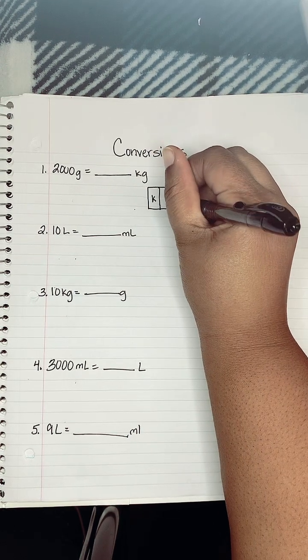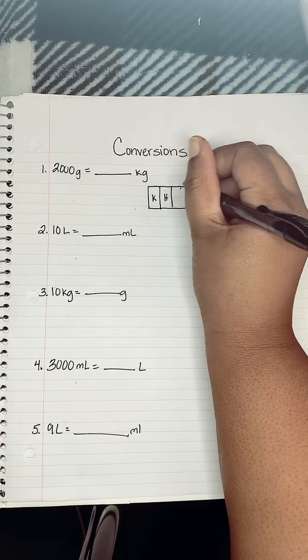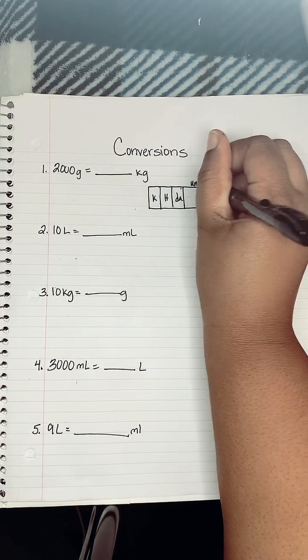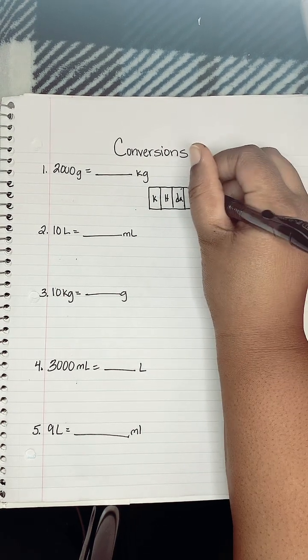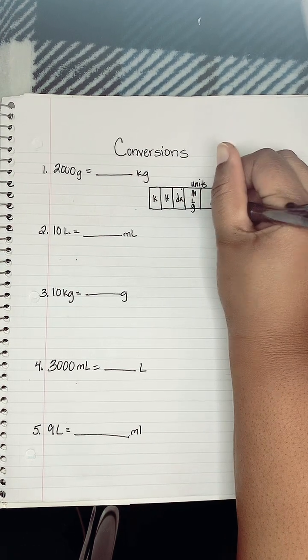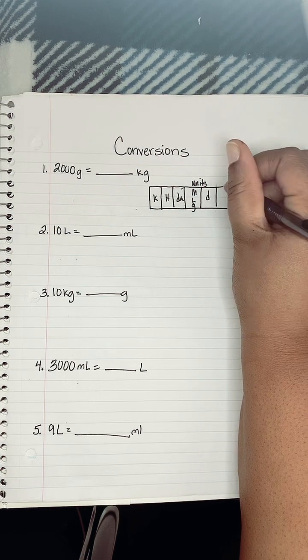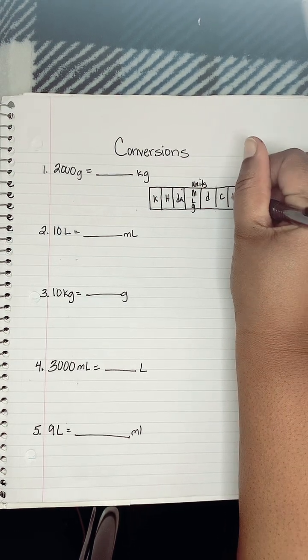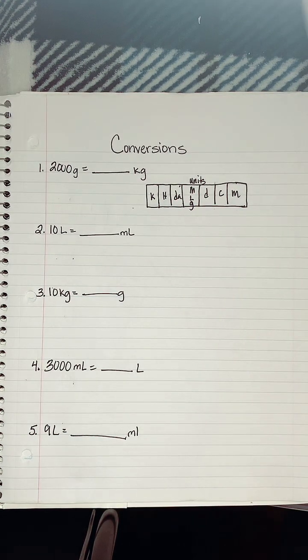So this is kilo, hecto, deca. Then this is all the units. So this middle one, you have meters, liters, grams. This is deci, centi, and milli.